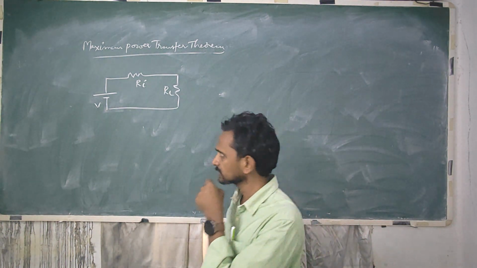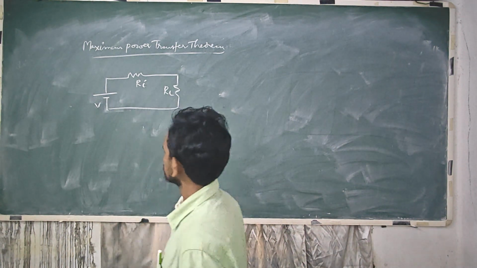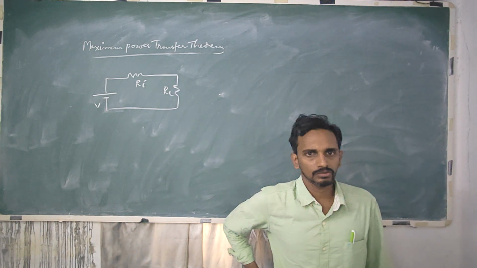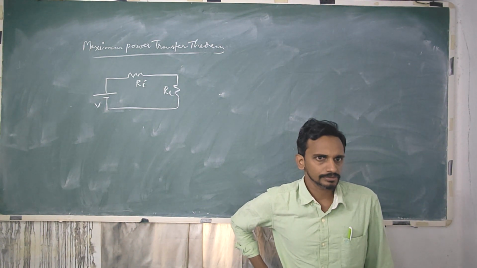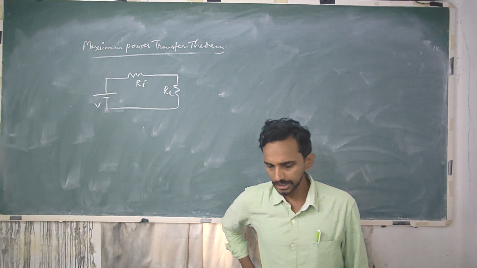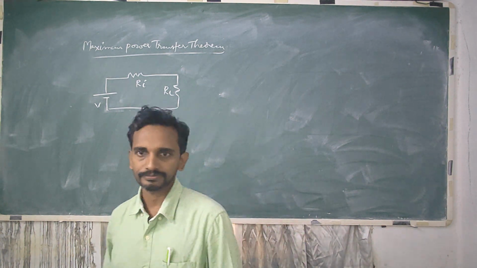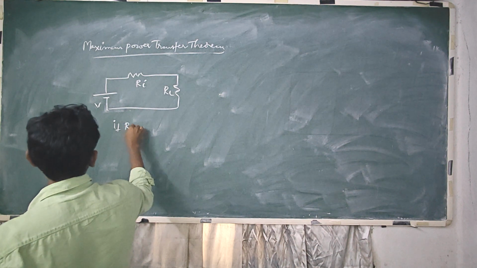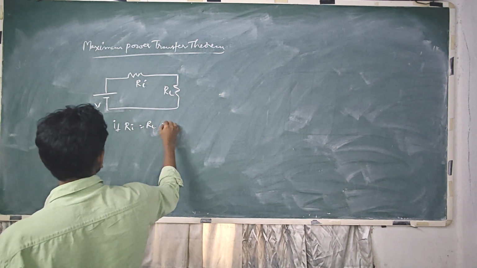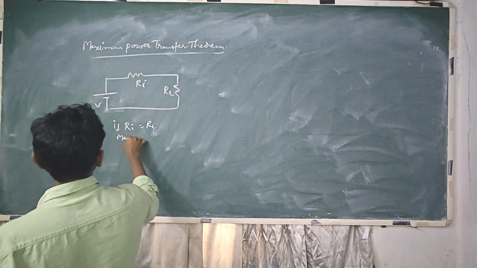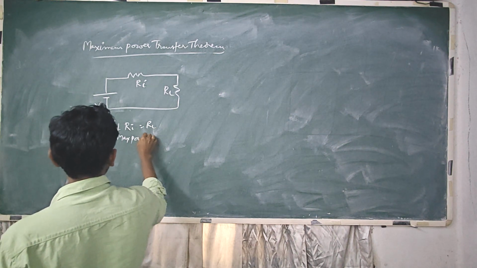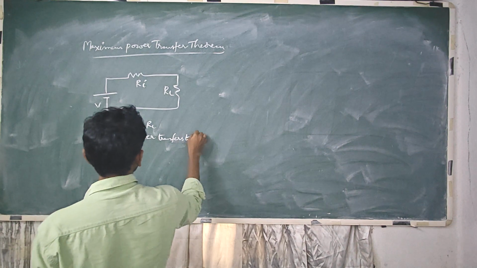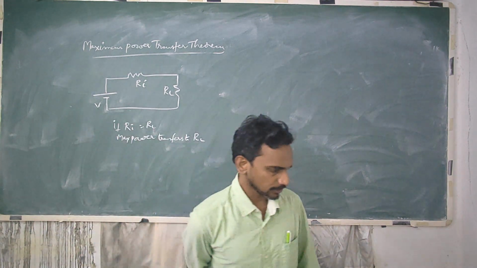So this theorem says when the internal resistance of the circuit is equal to load resistance, maximum power will be transferred to the load. Okay, so if Ri is equal to RL, maximum power transfers to load resistance. This is the statement.